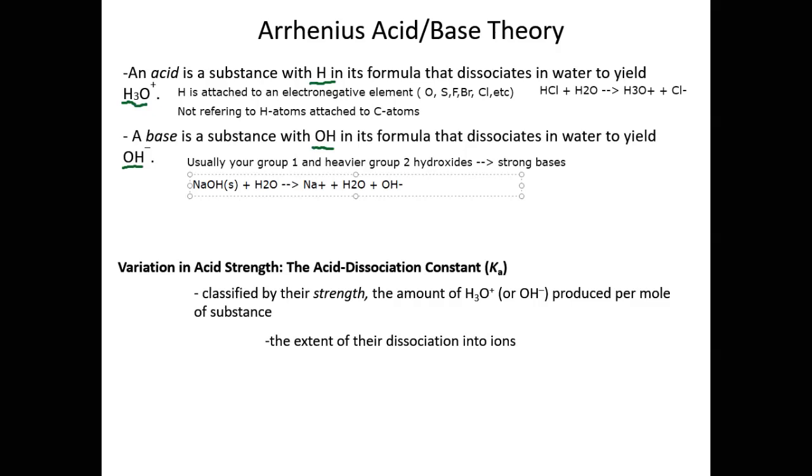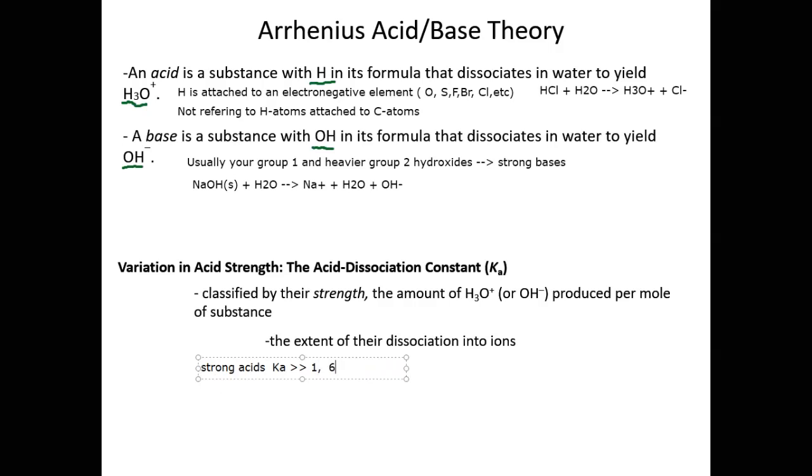And so for strong acids, the Ka is very large. We're talking on the order of 10 to the 5th. Let's just leave it at it's very large.